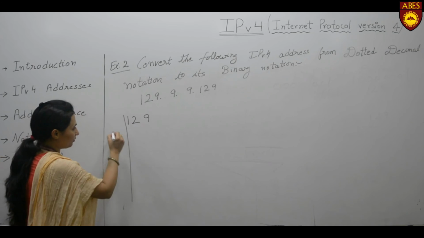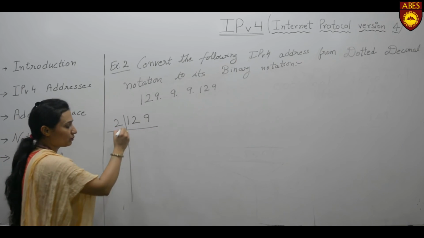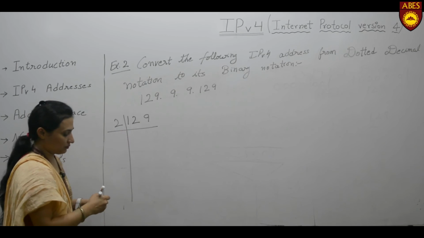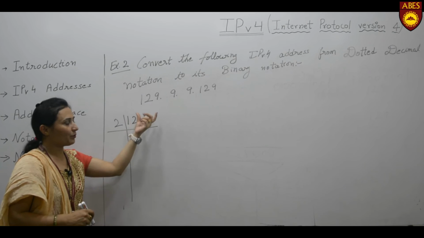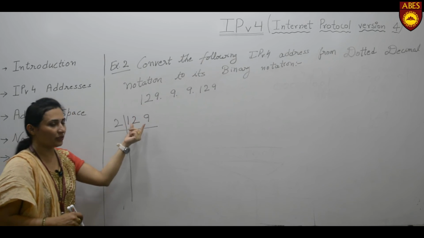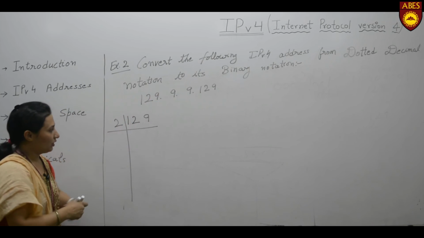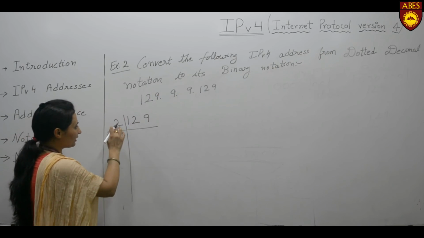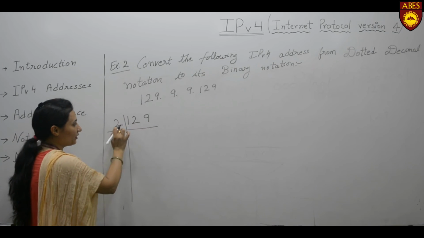Because the base is 2 for a binary number, we have to divide this number by 2. So we have to convert this decimal number into the binary number. For that we have to divide this number by 2, because binary has the base 2. So we have to divide 129 by 2.